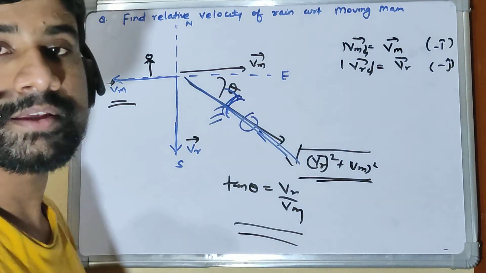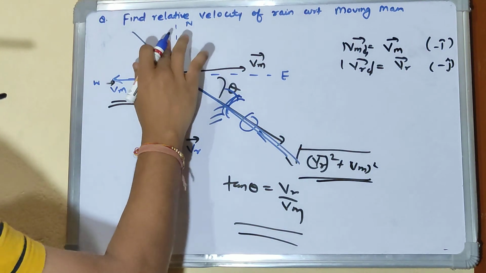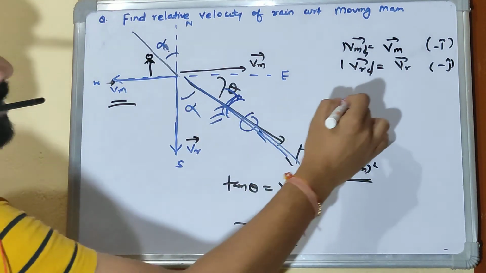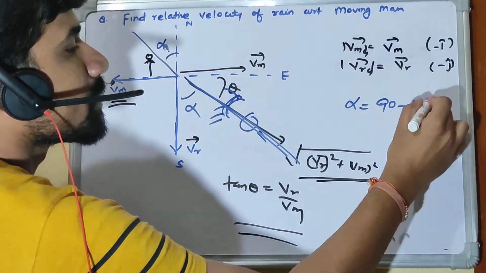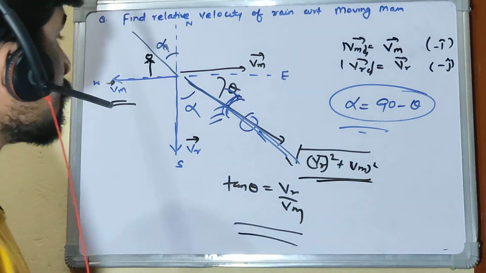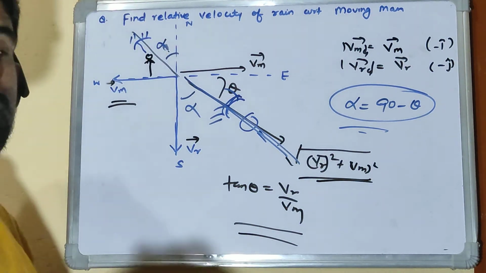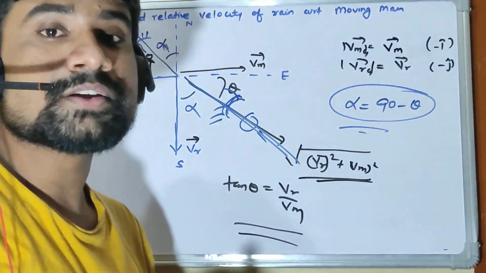This angle with respect to vertical, let's say this is alpha, becomes 90 minus theta. So with respect to vertical, 90 minus theta is the angle. At this angle, this man needs to hold his umbrella so that he does not get wet.